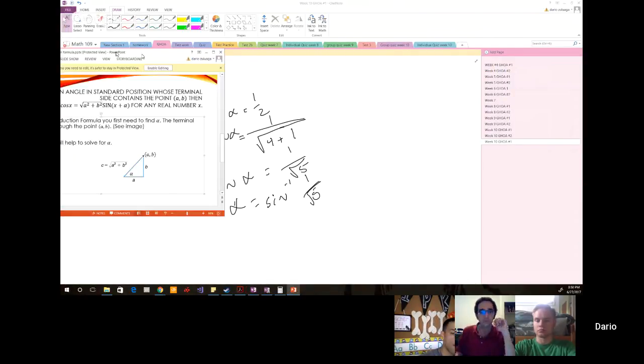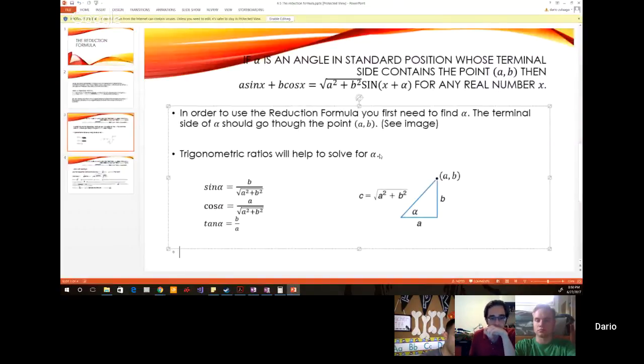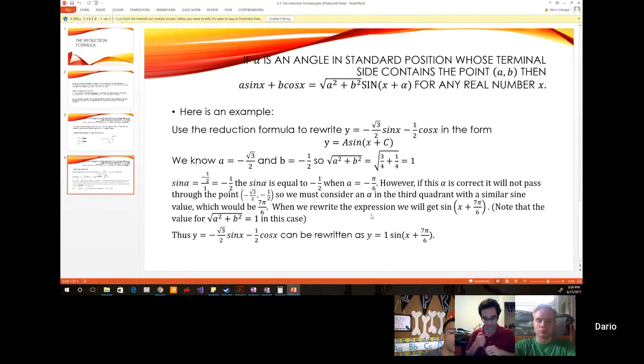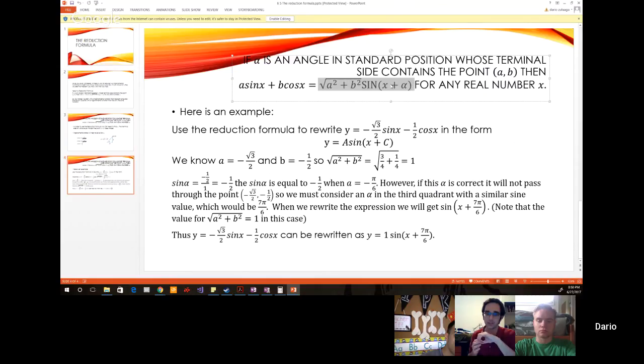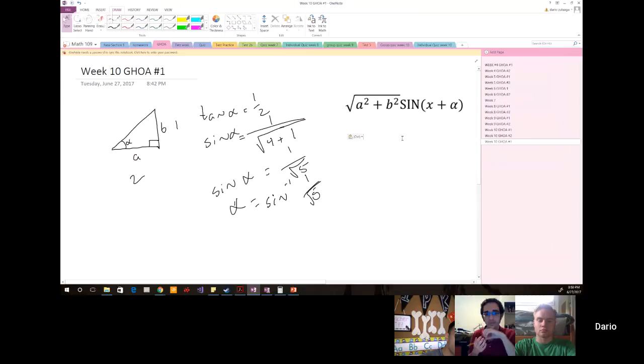So we can go ahead and plug this in. We're going to reduce it just to its basic form. Then we found the angle, and now we can start using the reduction formula to reduce the sine plus cosine into something that is more optimized and useful.